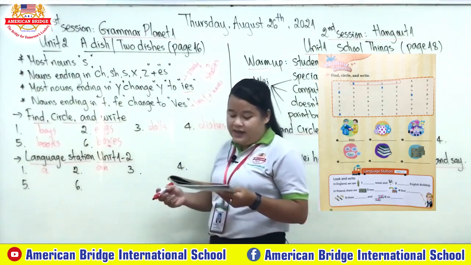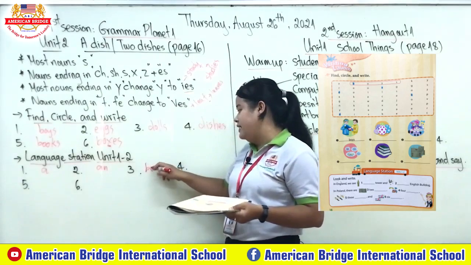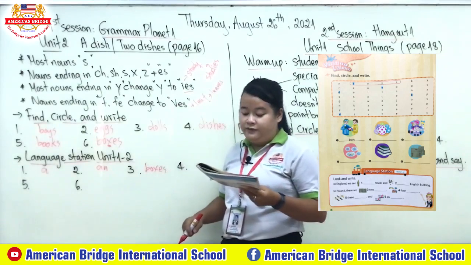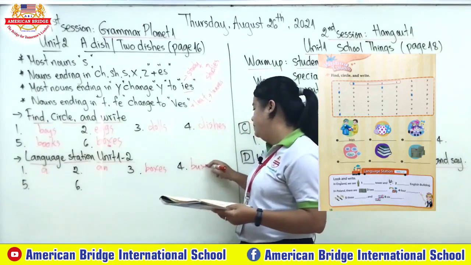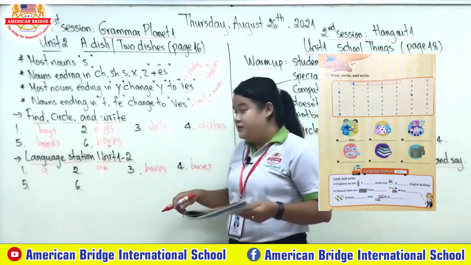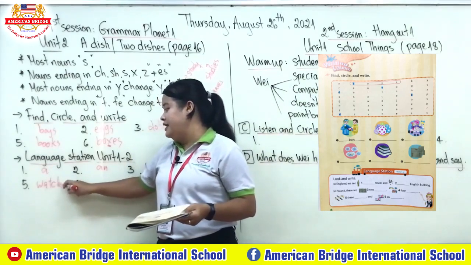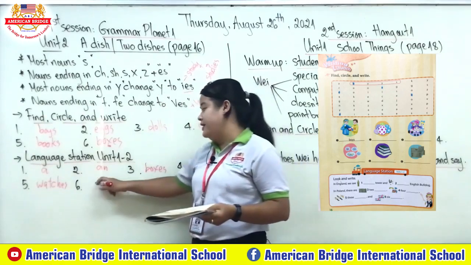In Poland, there are 2 boxes for what? For bus. 3 watches, W-A-T-C-H-E-S. And 6 doors.